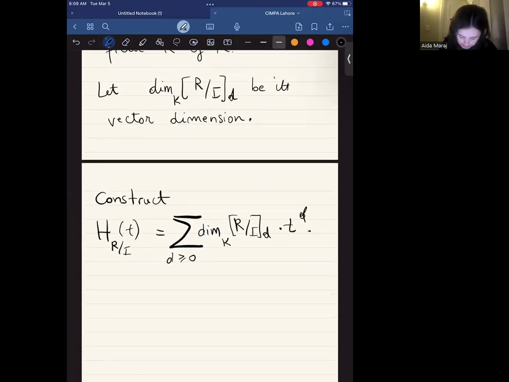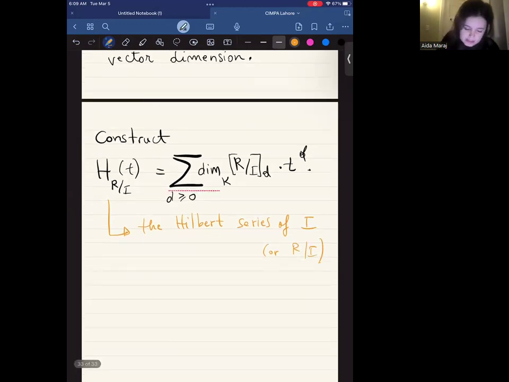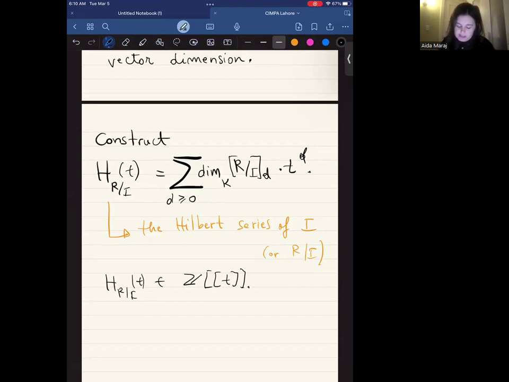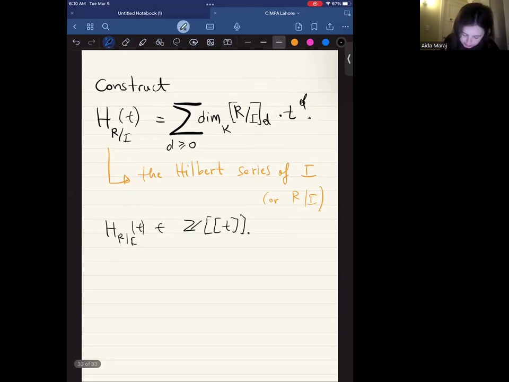And this is called the Hilbert series of I or R mod I. This is a series in the variable T. So this H R mod I of T lives in, in this case, Z double brackets T. And what is good about this is that it's a well-known fact that this one is rational.